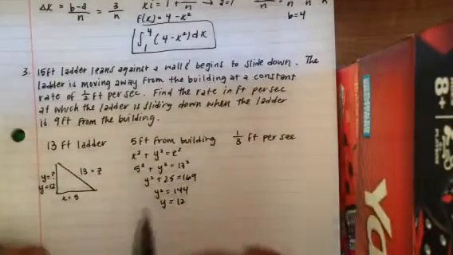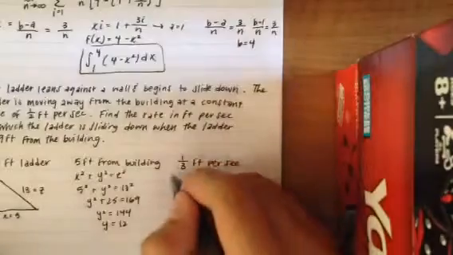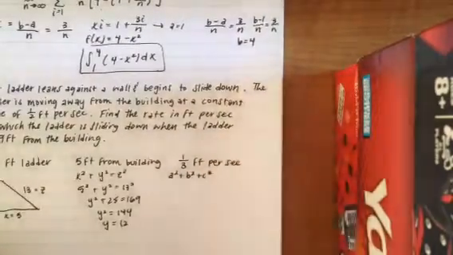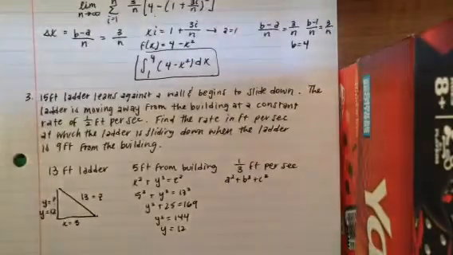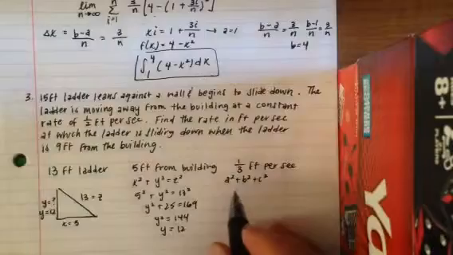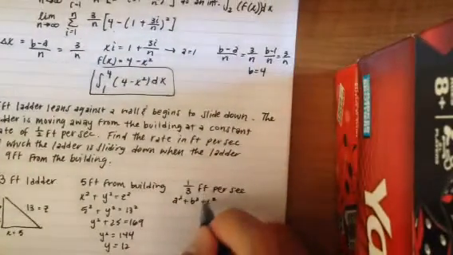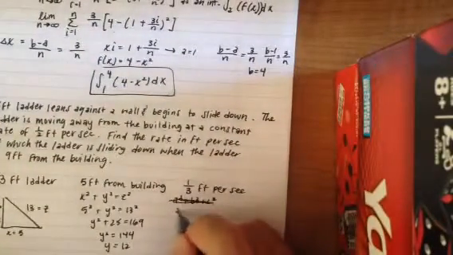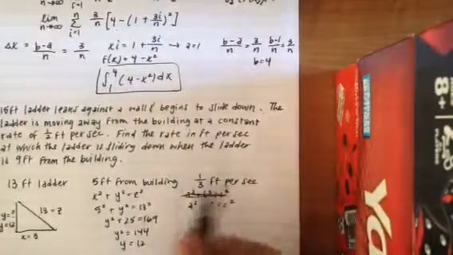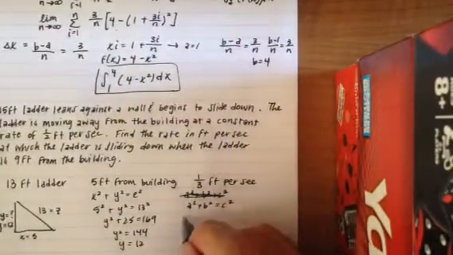and now I know I need to use a squared plus b squared equals c squared eventually, but we're looking for a rate. So what I have to do is take, hold on, this is not right. A squared plus b squared equals c squared. But since we have to find a rate, I now have to take the derivative.